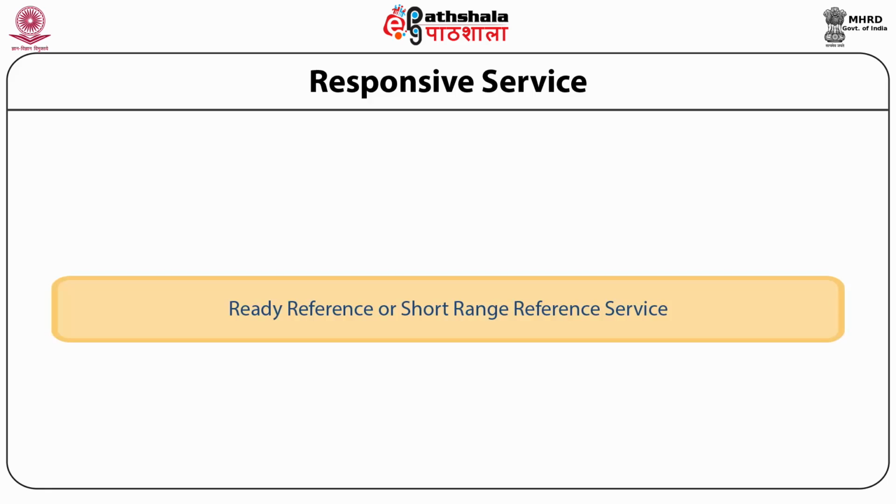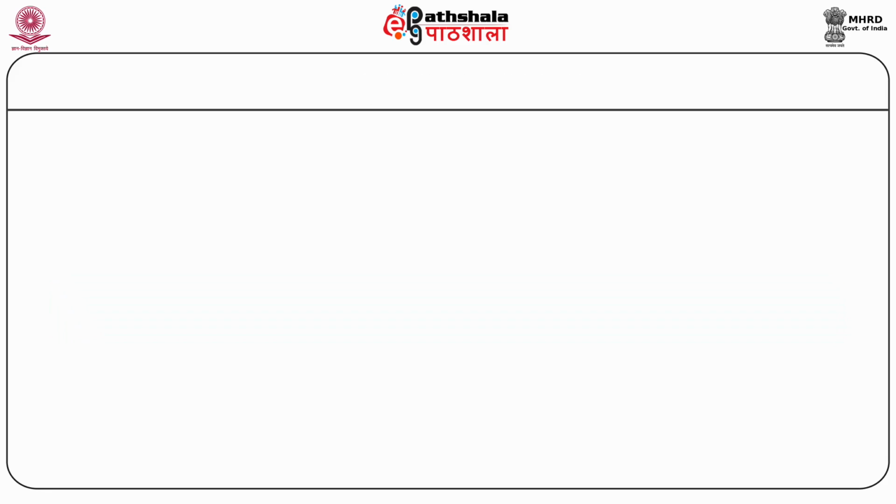Answers to such questions can be searched in standard reference books like dictionaries, encyclopedias, yearbooks, almanacs, etc. Time taken to answer such queries is short, ranging from a few minutes to half an hour. That is why this service is known as short-range reference service or ready reference service.